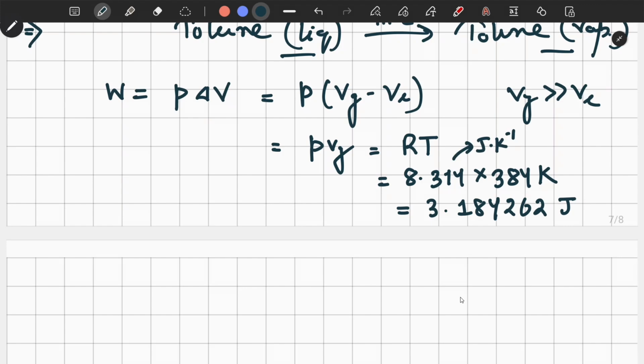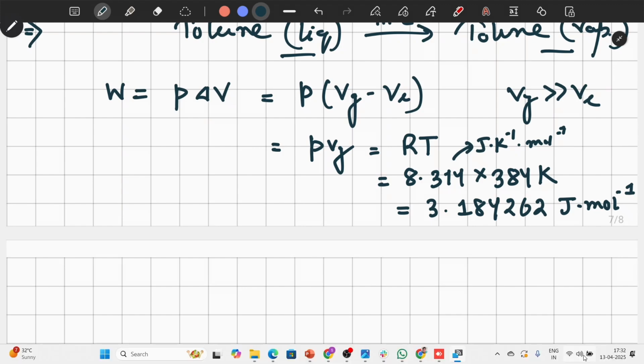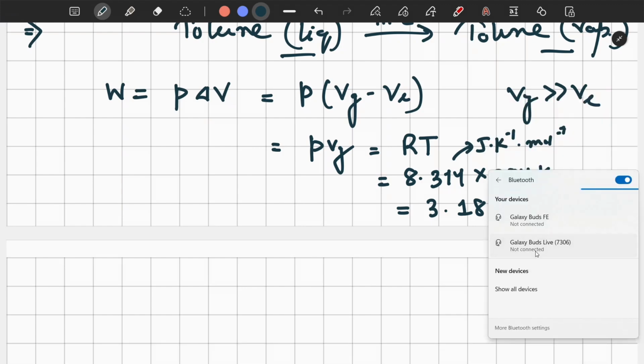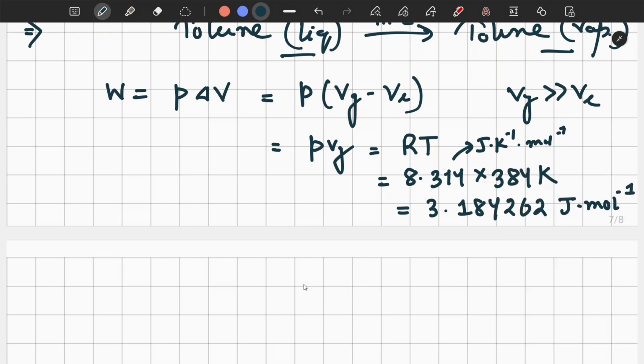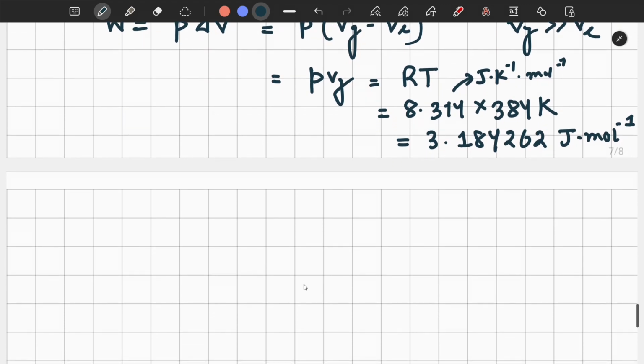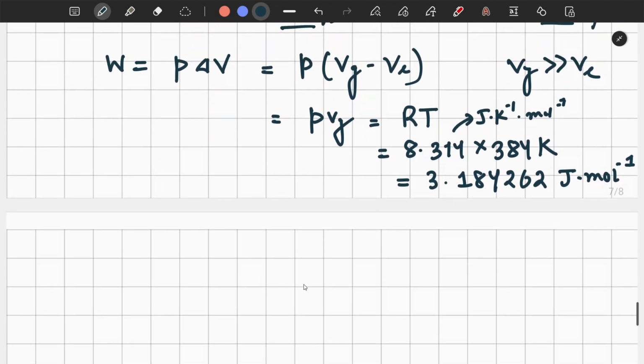Mole is not important, you can write mole because it is for 1 mole only. Okay, do you get the same? I am getting 3.192.